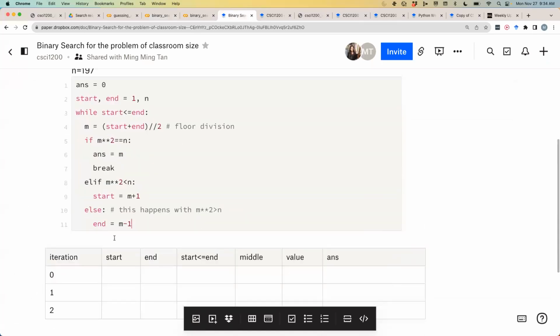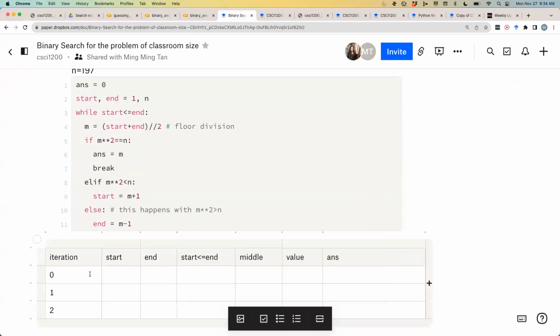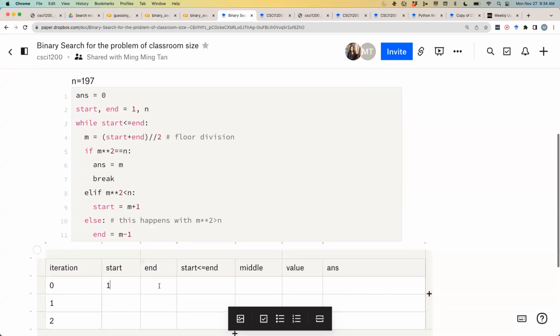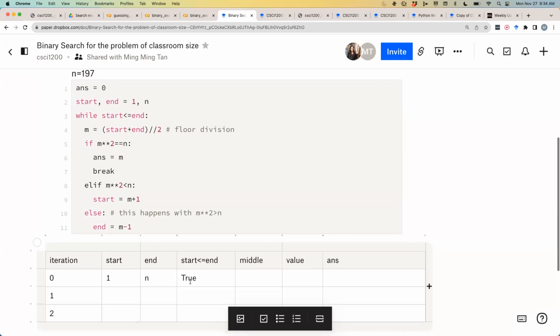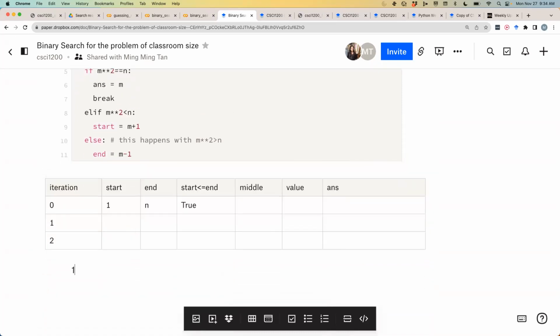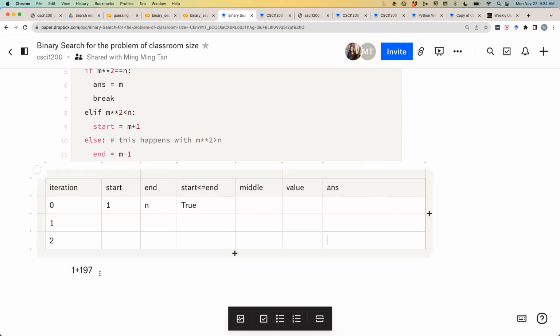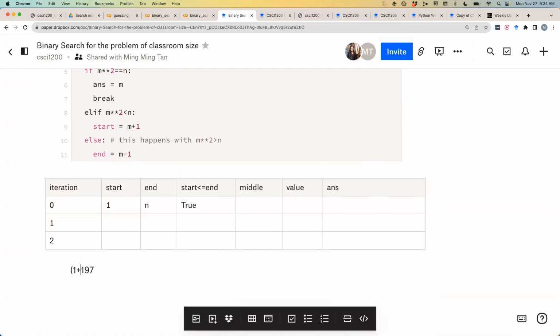All right, and let's see. So starting from the first iteration, my start is 1, my end is n. Okay, this is my start and end. Is start less than or equal to n? This is true. Start is less than or equal to n. And what is the middle element? So it will be 1 plus 197, which is 198, divided by 2.